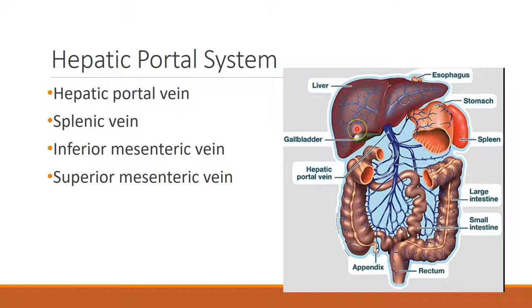So let me give you an example of why this would be necessary. Let's imagine you have dinner. Let's imagine your dinner is a chocolate cake. Hopefully you would never eat a whole cake, but let's just imagine you did. That means your blood sugar levels are going to skyrocket, and your body has to maintain homeostasis and prevent a massive blood sugar surge in your blood.